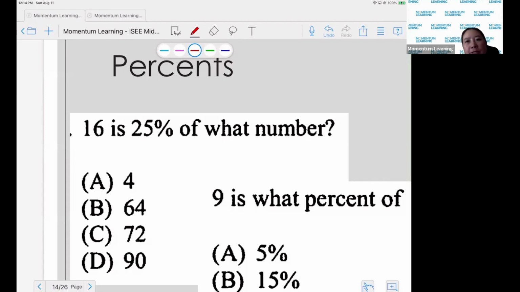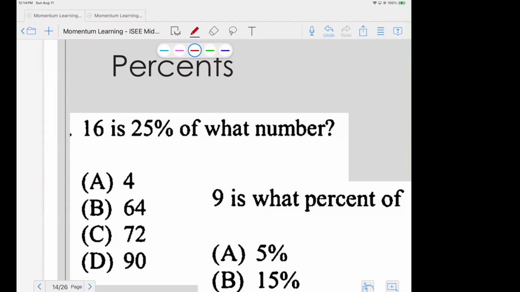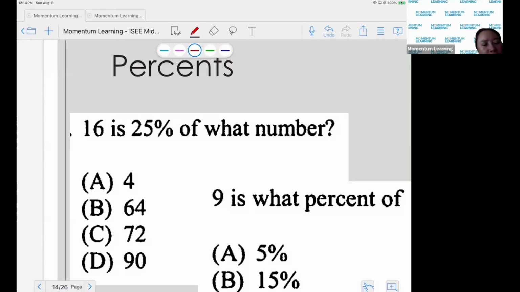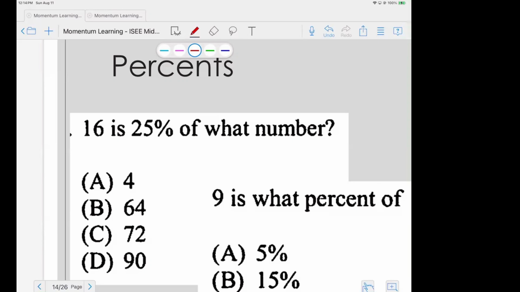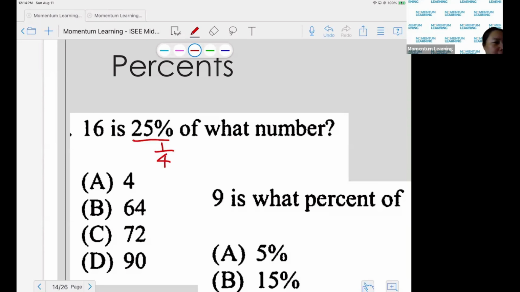Very good. Chris, can you explain how you came up with the answer? I just multiplied 16 by 4, because 25 is a quarter, like a quarter of a dollar.